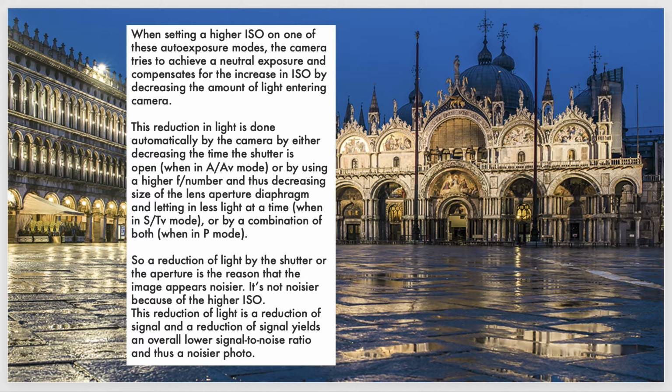Now you can start, let's say we decided to start with aperture priority because we want to shoot f/16 because we wanted the whole piazza. We wanted everything in focus. So we start with f/16 and we focus on the basilica back here. This is St. Mark's Basilica.